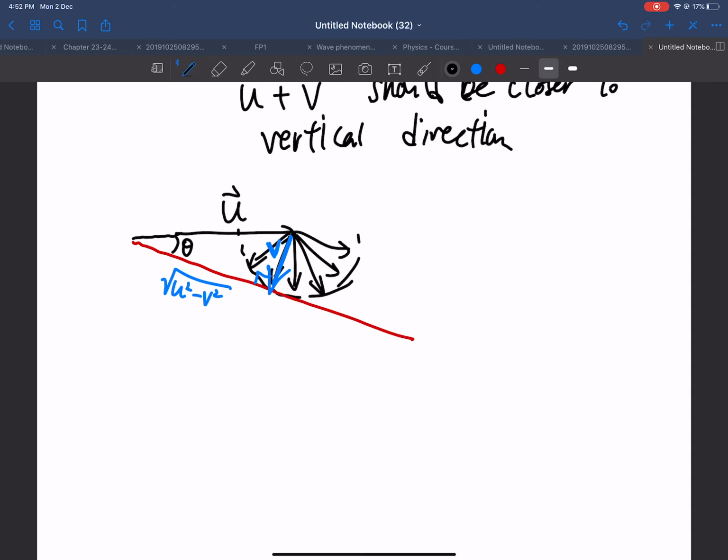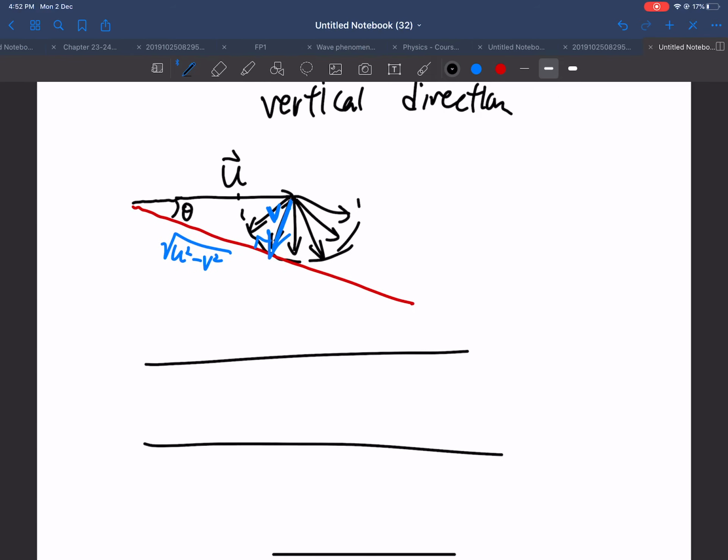So then this is the angle theta, okay? That means the velocity makes an angle theta with the bank. The distance here is d. Then the horizontal distance will be d over tangent theta. And how can you represent the angle?